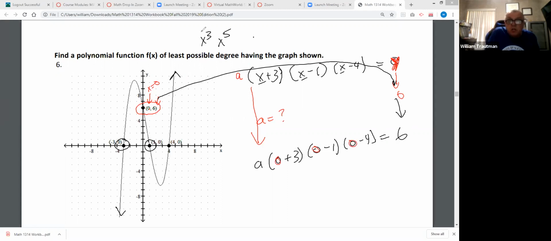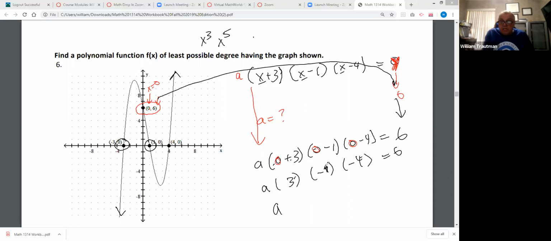All right, so let's just do the math. 0 plus 3 is 3. 0 minus 1 is negative 1, and 0 minus 4 is negative 4. a equals, what's 3 times negative 1 times negative 4?